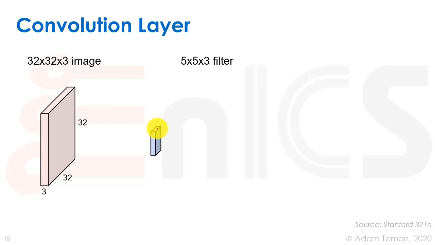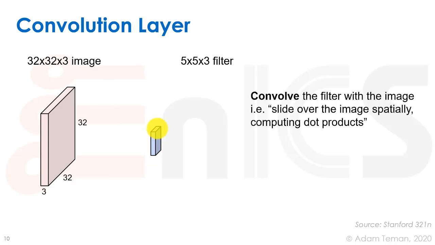Okay, so what we're going to do is convolve the filter with the image, which means we're going to slide over the image spatially computing dot products. We're going to take this filter, start over here and then move it, and move it, slide it through the whole image, then go down a pixel and slide it this way, and then go down and slide it this way.